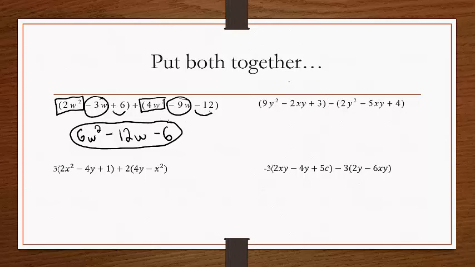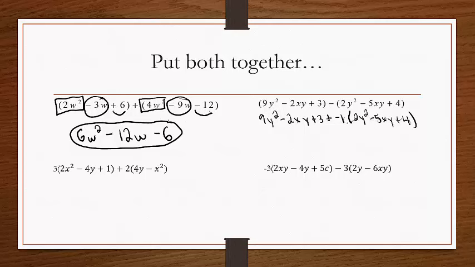So this is like saying 9y squared minus 2xy plus 3 plus -1 parentheses 2y squared minus 5xy plus 4. So these are saying the exact same thing.